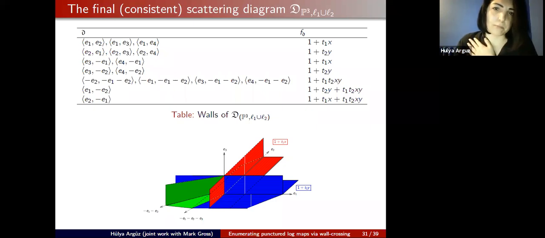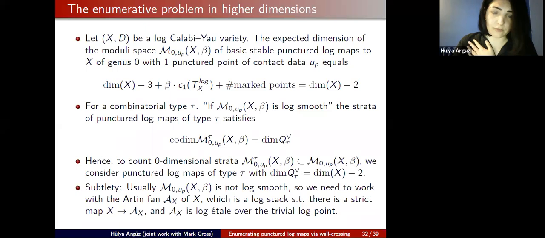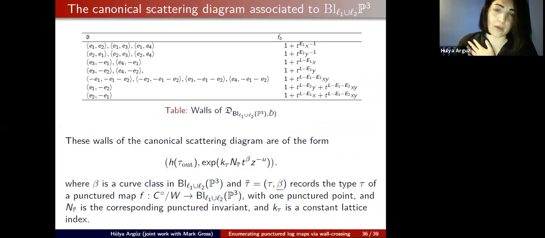And when I analyze the relationship between the toric scattering diagram defined by Gross-Siebert and the canonical scattering diagram, in higher dimensions, it requires analyzing what kind of curve classes you replace your Tij variables with. And I obtain these curve classes.